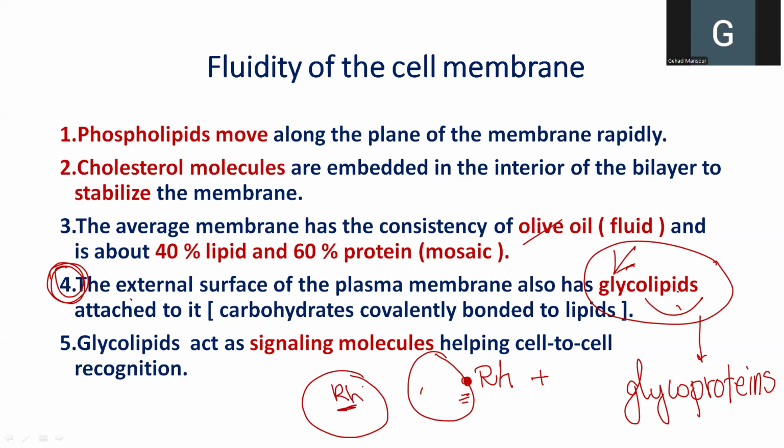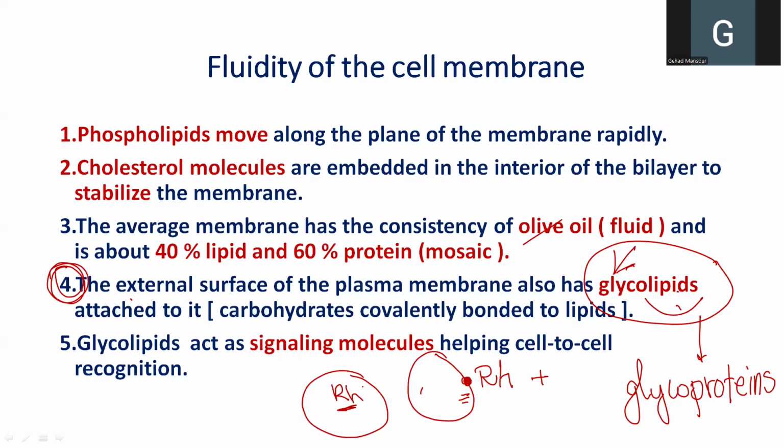It should also be taken into consideration when transfusing blood and during pregnancy, because it's very dangerous if the mother is RH negative and the fetus is RH positive. Let's go back to the glycolipids.